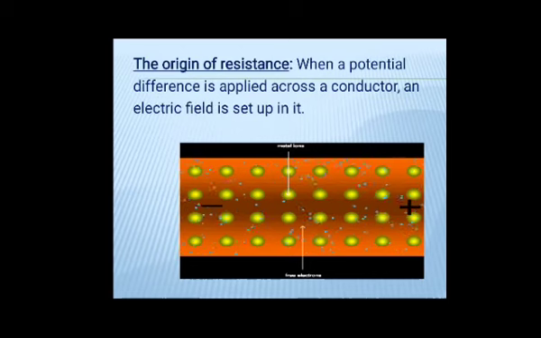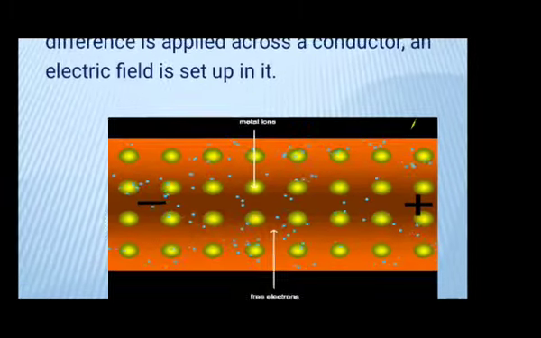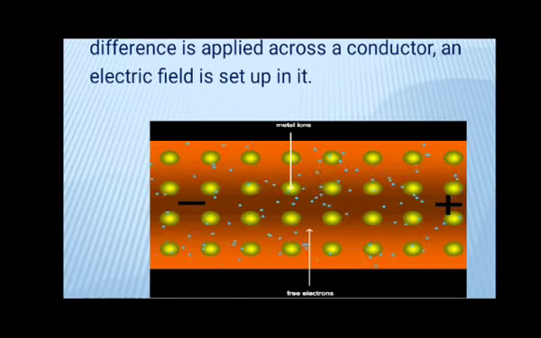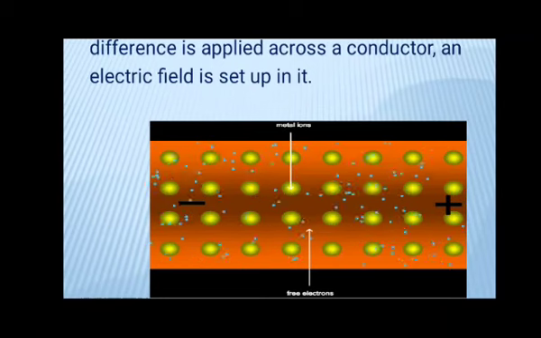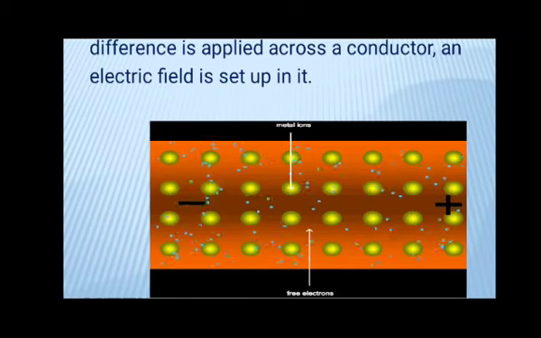So when electric field is set up, what will this electric field do? It accelerates the free electrons. Here you are observing blue color dots, those are nothing but free electrons which are flowing. When electric field is applied, acceleration means speed of these free electrons increases.